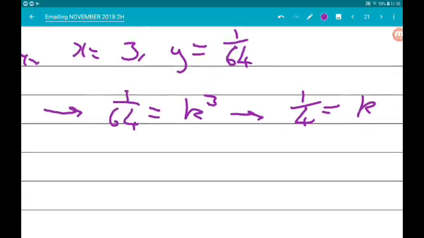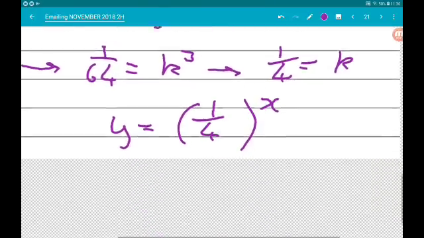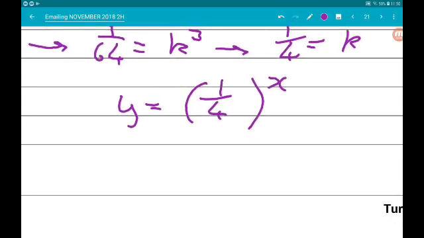So now we know that y is equal to a quarter to the power of x. Now we want to show that 1/2 lies on the line. So let's substitute in x equals 1/2, and we should get y is equal to 1/2.